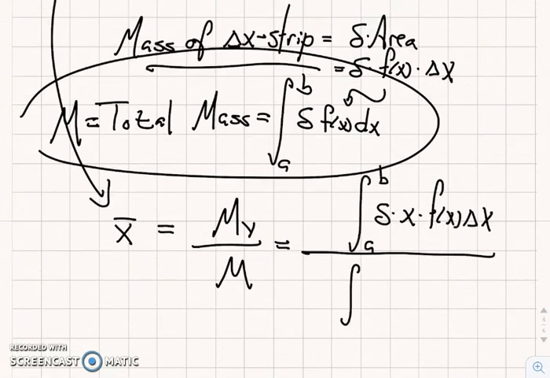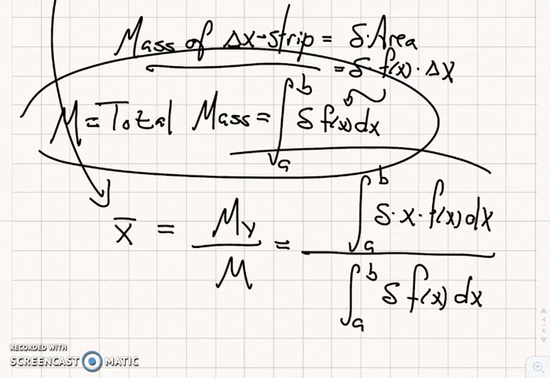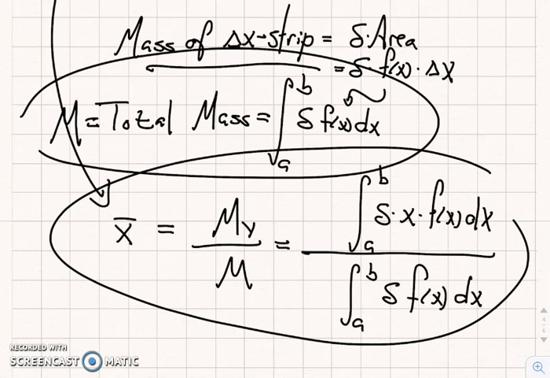And the total mass can be found, which was given directly above, integral from a to b delta f of x dx. I did make one small error. I'm integrating. This is not a delta x, but a dx. So this gives us our x coordinate for center of mass.